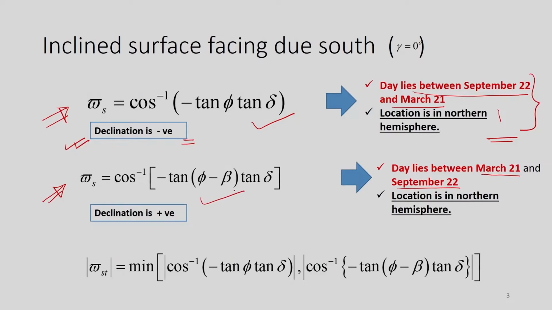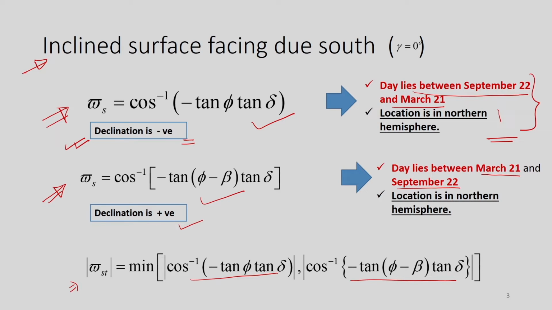Accordingly we can simplify and get this expression. Here the declination is positive, and for this case as a whole, if we are interested in calculating omega s, we take omega s t as the minimum of both expressions, this and this. Only the minimum will be selected for the calculations.